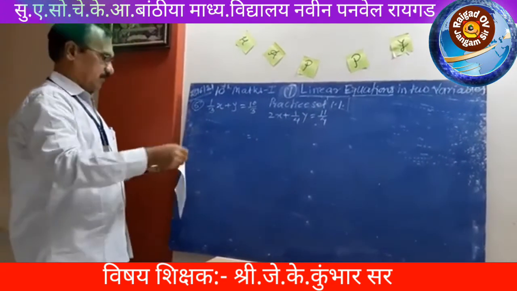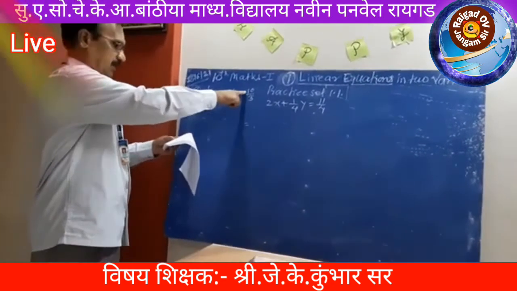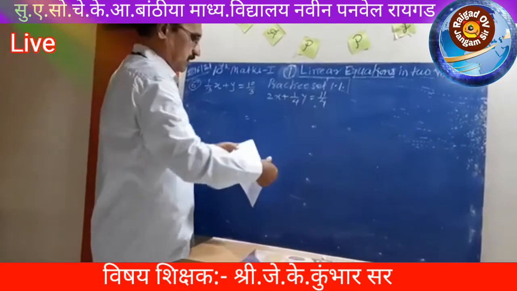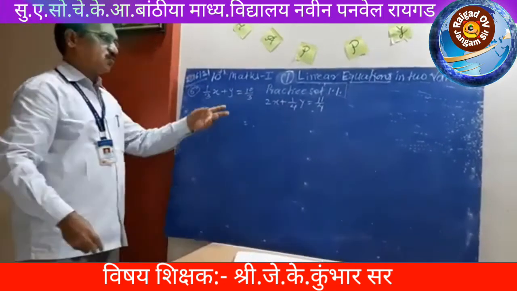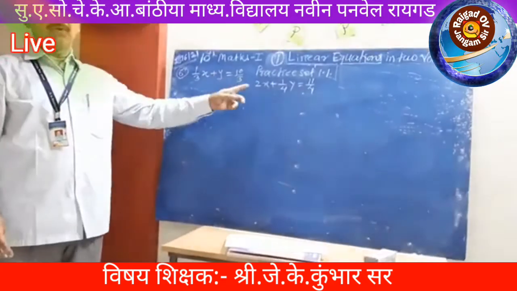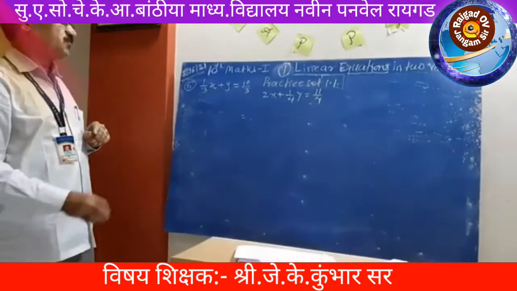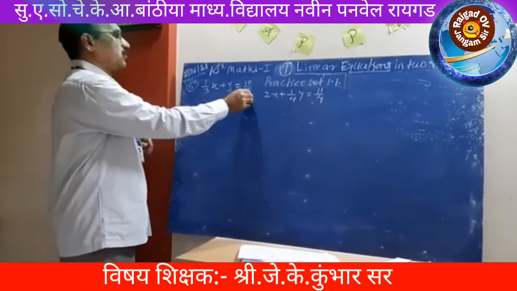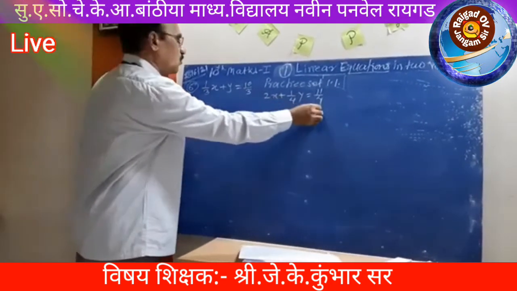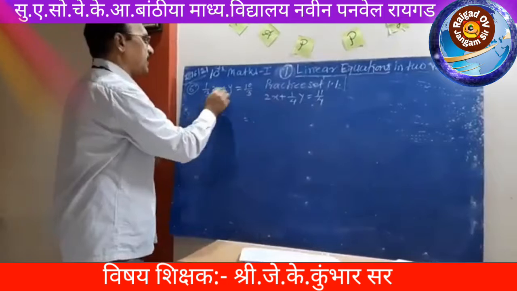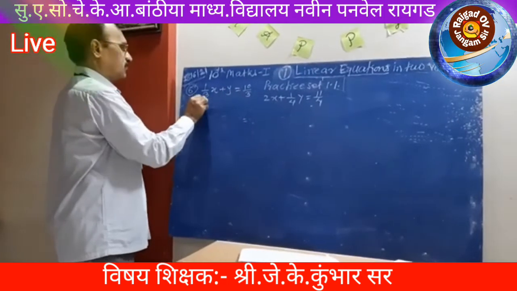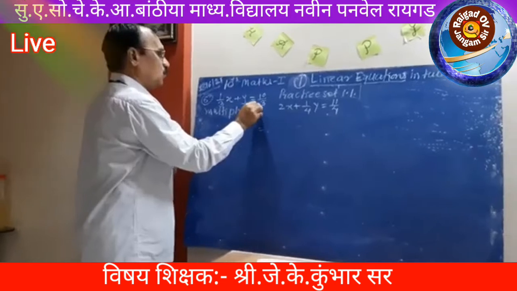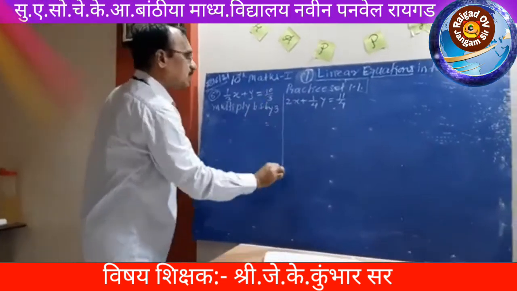See, these two equations are not in the standard form or general form of simultaneous equations. It means first we have to convert the given equations into standard form, meaning we have to remove this 3 and this 4. Multiply both sides by 3.